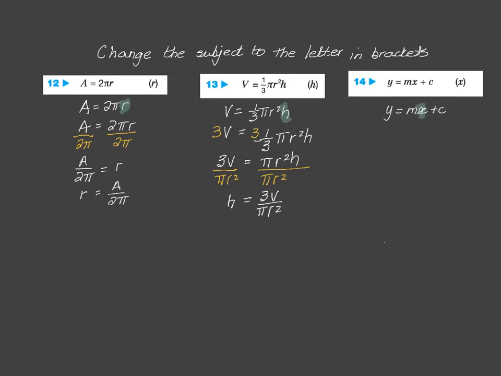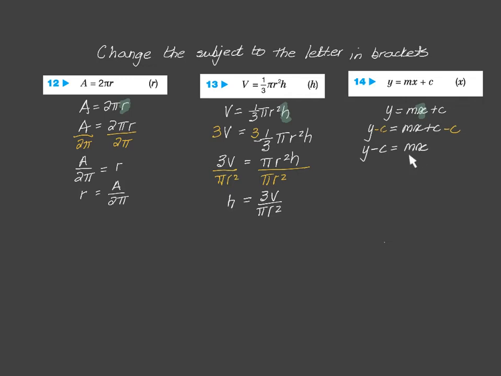Some of you may recognize number 14 as the equation of a straight line. Y is equal to mx plus c. We need to make x the subject. We are first going to subtract c from both sides so that we don't have the plus c term together on the same side as x. We're going to subtract c from both sides, so there it is. On the left you have y minus c is equal to mx, and c minus c gives you 0.